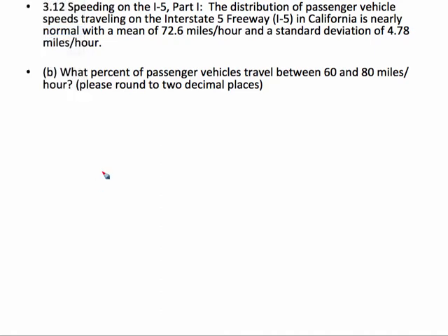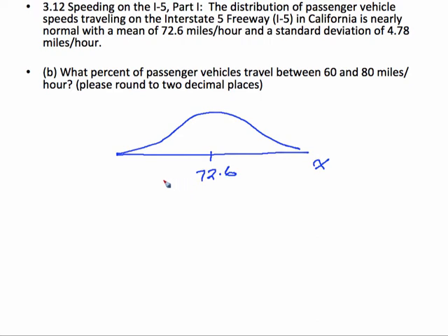All right, let's go ahead. Again, draw ourselves a picture that represents this situation. Normal distribution, again, X is equal to speed on the I-5. Again, we're centered at 72.6. And our standard deviation is equal to 4.78.